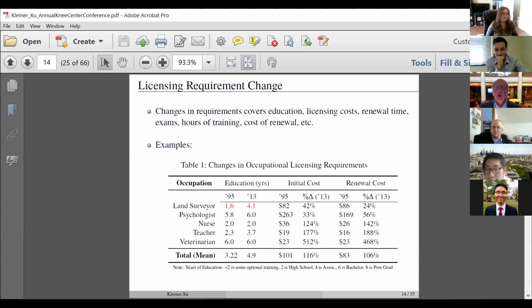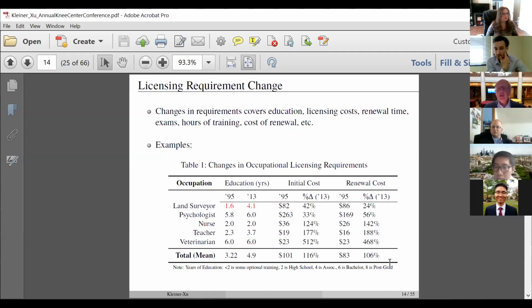Also, the initial cost of getting a license has increased by about 116% from 1995 to 2013. This is much more rapid than the rate of inflation, and the renewal costs have also grown by a similar amount for most of these occupations.